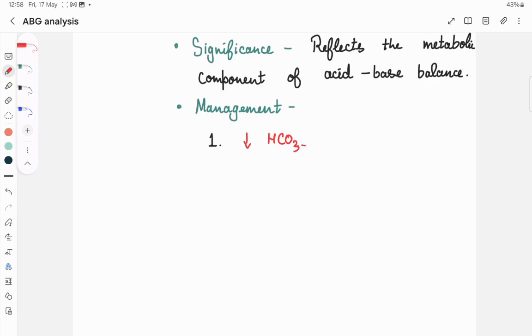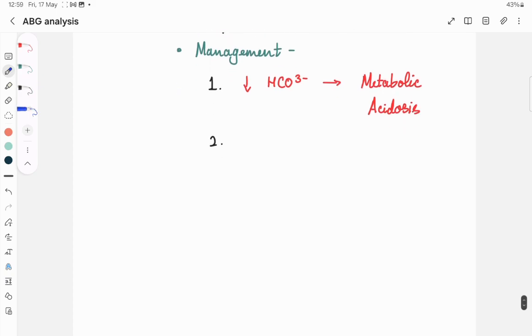So decreased bicarbonate means metabolic acidosis, and increased bicarbonate would generally mean metabolic alkalosis.